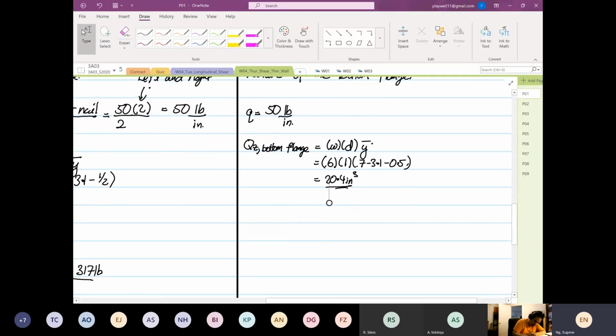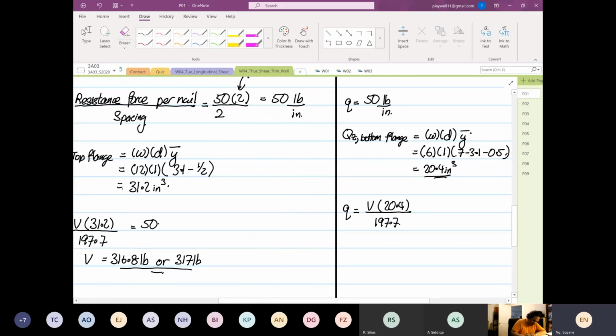Once you get your first moment of area, that's where the most confusing part is. So now you have Q equal to V, which is what we identified. Q is now 20.4. I did not change V, which is 197.7.